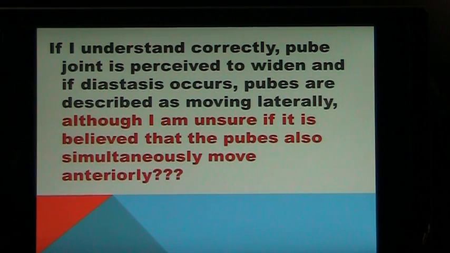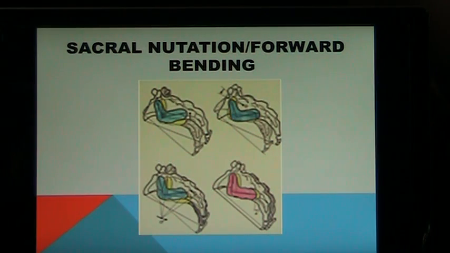Now, if I understand correctly, the pubic joint is perceived to widen, and if diastasis occurs, the pubes are described as moving laterally, although I'm unsure if it is believed that the pubes also simultaneously move anteriorly. I am proposing that they probably do move anteriorly, because that would allow further maximization of the outlet dimension.